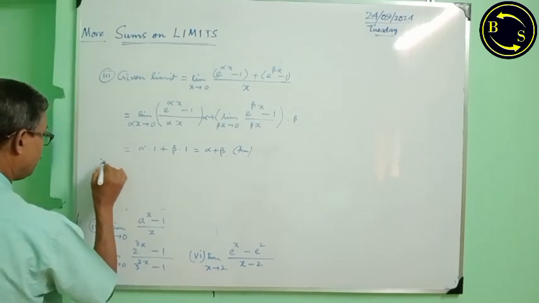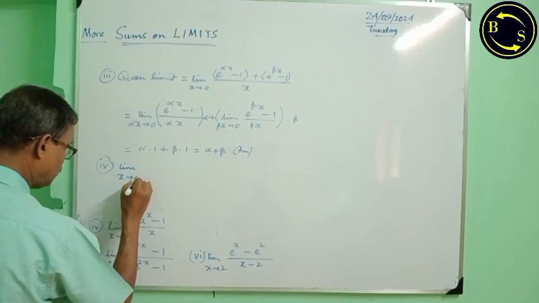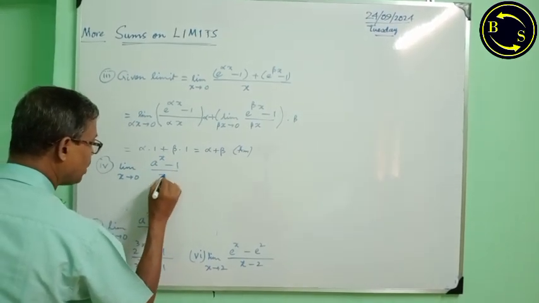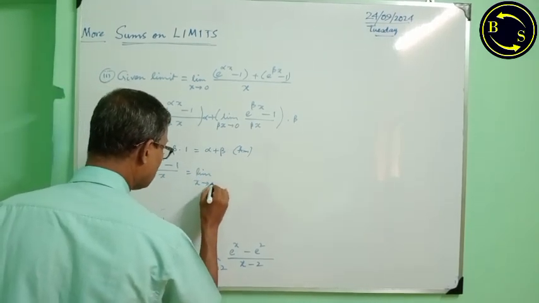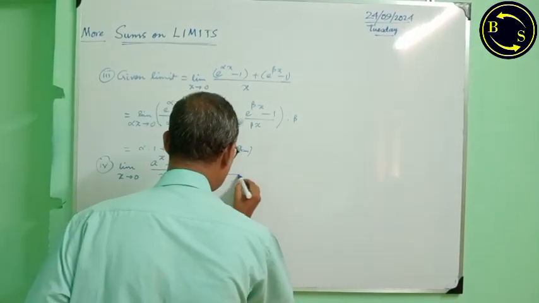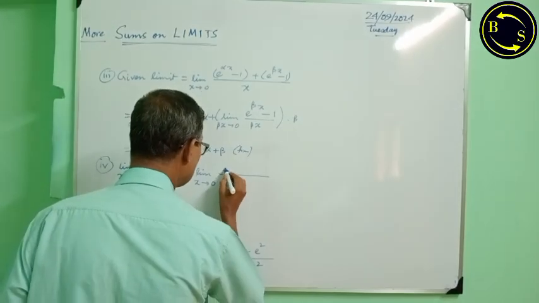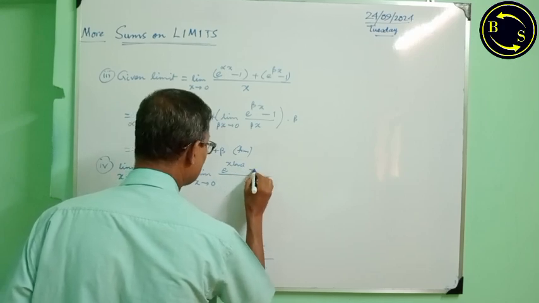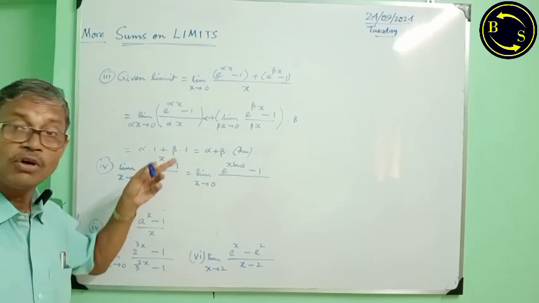Number 4, limit x tends to 0 a to the power x minus 1 by x. Limit x tends to 0 a to the power x. If I write taking e as base, then it will be e to the power x log a minus 1. E to the power x log a, that is equal to a to the power x.